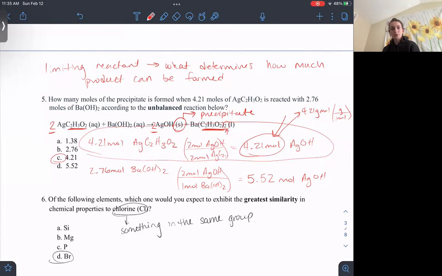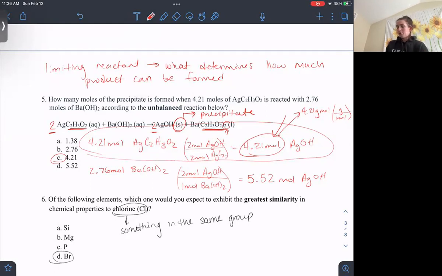And in order to balance that, we need to put a 2 in front of that reactant. We can't make it a subscript, because that would change the composition of the compound. We can only say that we need 2 of those compounds. And that means that we now have 2 moles of it.